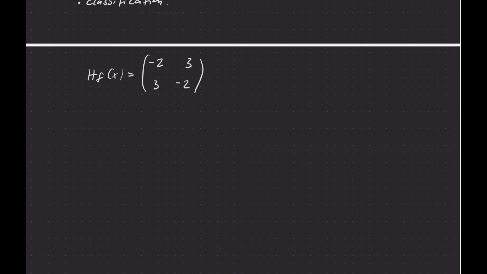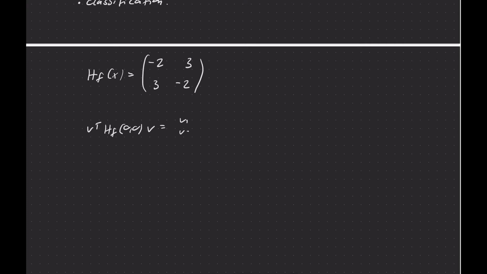Now, is this positive or negative definite? Or maybe indefinite? Let's see. So let's again try to compute V transpose HF at 0, 0. Formally, we only need to check the matrix at this unique stationary point here. But of course, the matrix is constant, so that doesn't make a difference.